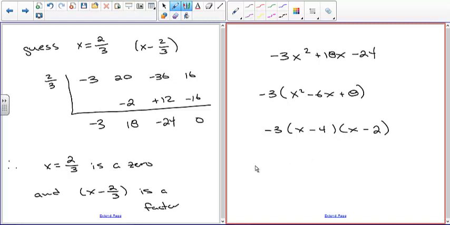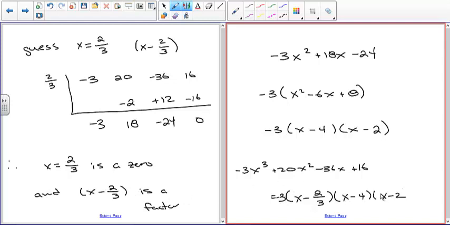So what that ultimately means is that the original expression, which was negative 3x cubed plus 20x squared minus 36x plus 16, is equal to x minus 2/3, the whole thing times negative 3 first, so that comes out. Then I've got x minus 4 and x minus 2.